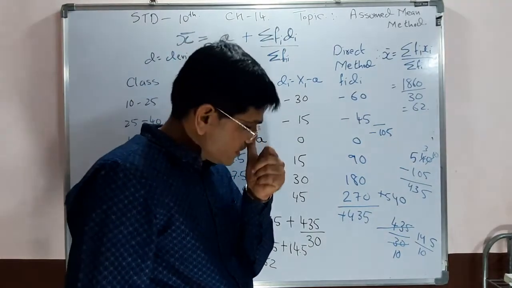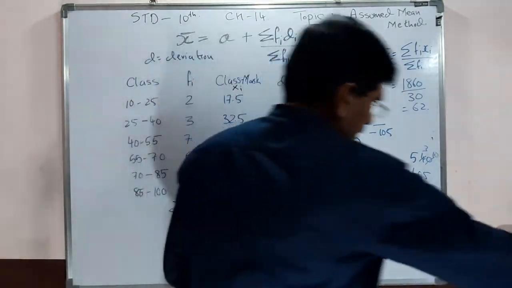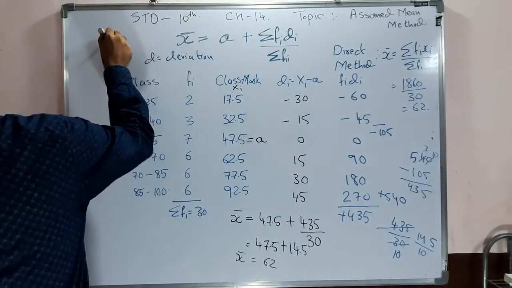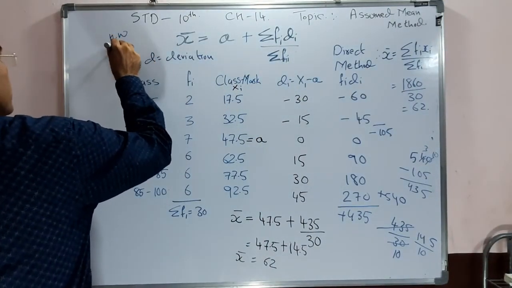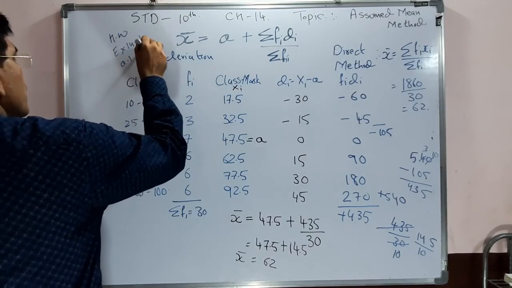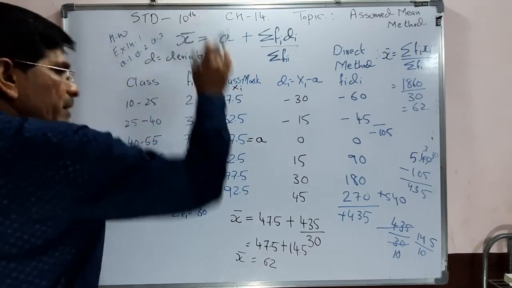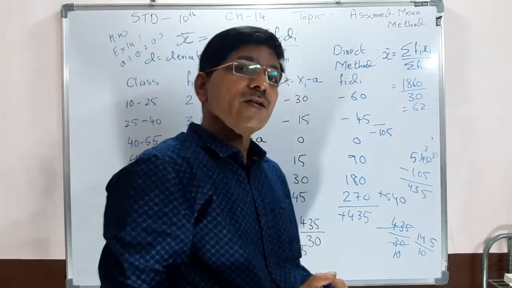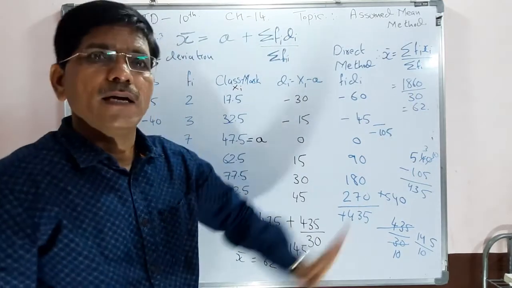Now again, homework: exercise 14.1, question number 1, question number 2 and question number 3. Do it by the assumed mean method. You will get the same answer as you already completed with the direct method.